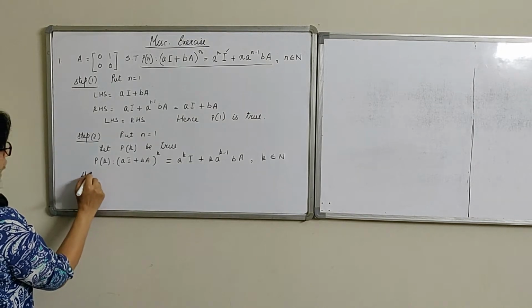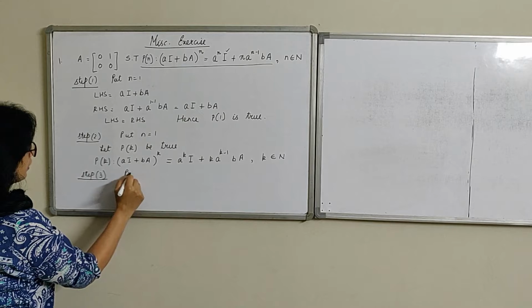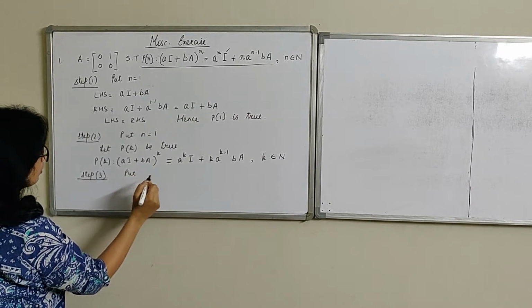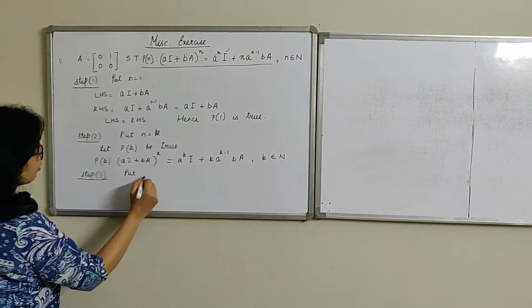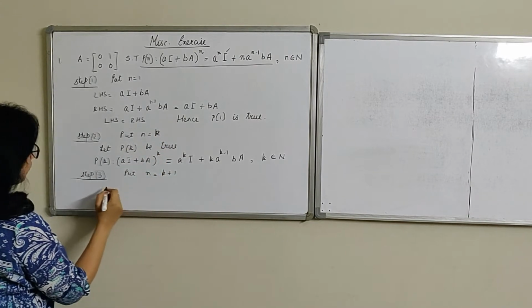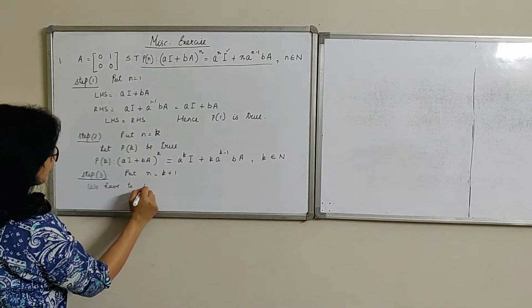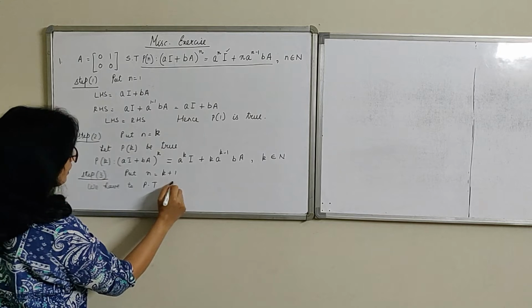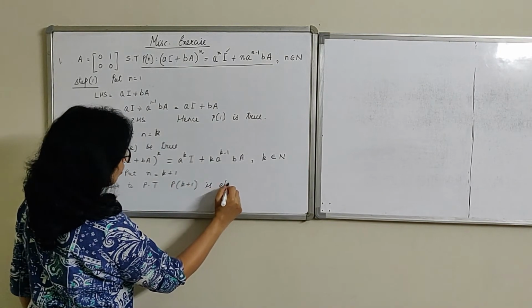Then step 3, in the third step we put n is equal to k plus 1. Now in this step we have to prove that the P(k+1) statement is also true.